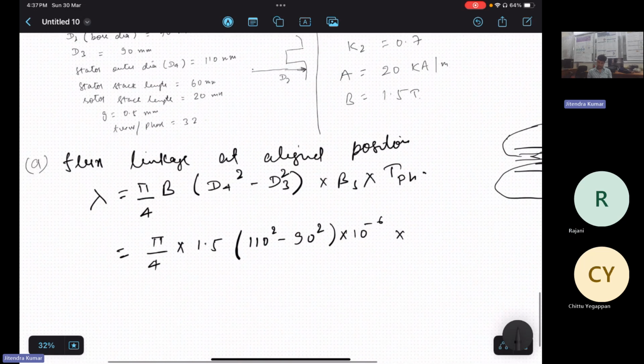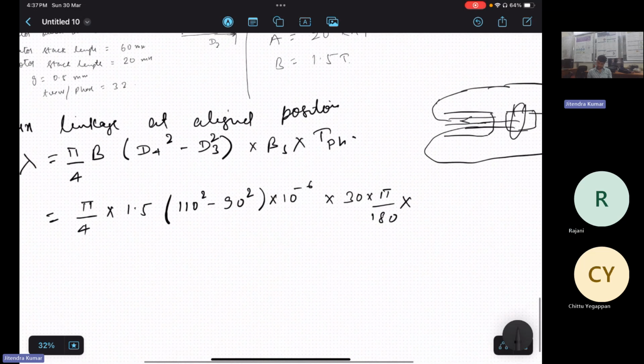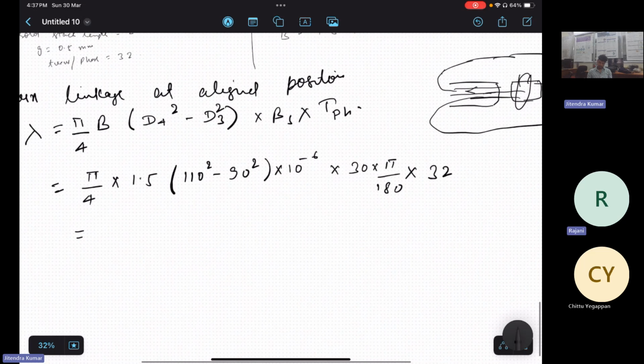Beta s is 30, so 30 into pi by 180, 32 turns per phase, into 32. 0.078 is coming, sir. You can count 0.078 Weber. Yes, it is correct.